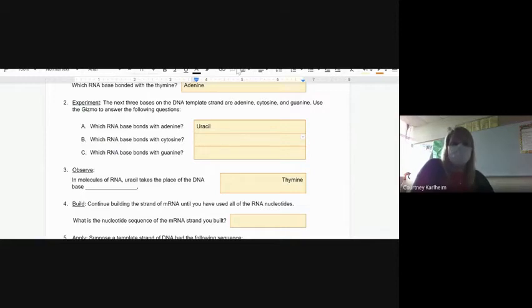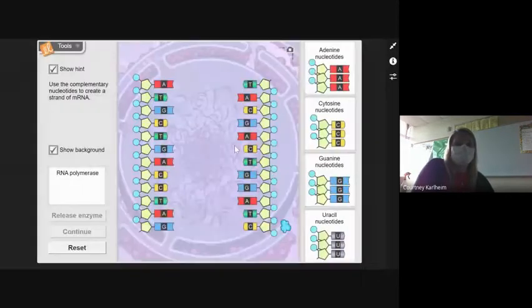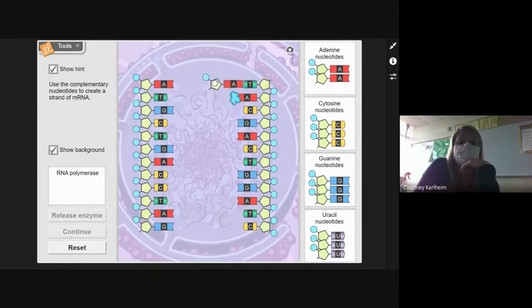And then we're going to go over how to build it. So back to our Gizmo, we have to build our messenger RNA. So you guys told me that A pairs with T, so I'm going to put the A next to the T. You told me that uracil U gets switched with a T, so that's going to go there. Cars in the garage.